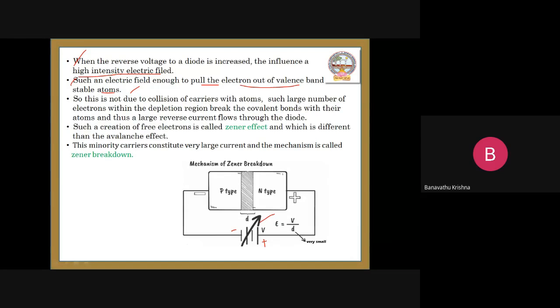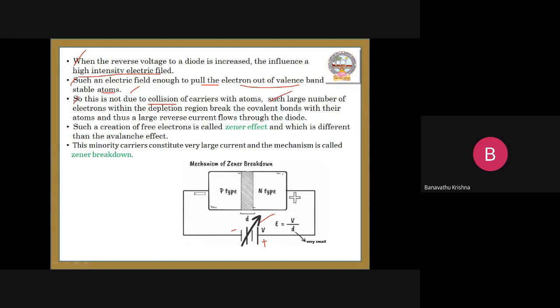That is another concept here. So this is not due to collision of charge carriers with atoms. The collision process occurs in avalanche breakdown, but not here. Here it just pulls the charge carrier out of the outermost orbit of the stable atom.